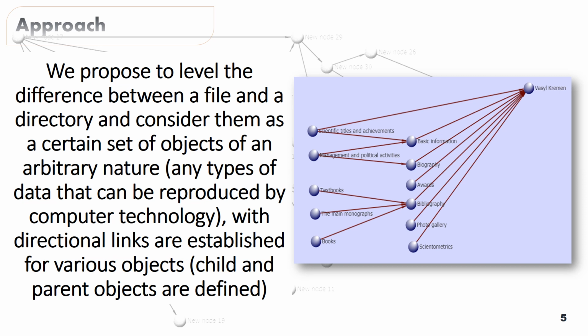Directional links are established for various objects. Child and parent objects are defined. Thus, relationships arise between various objects of the form parent-child, children of the same parent, contextual content. The collection of all connections is a pyramidal network.